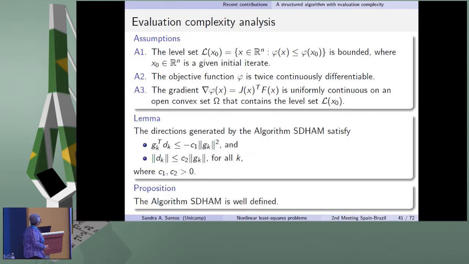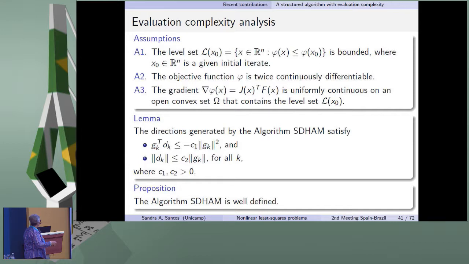So to obtain the evaluation complexity analysis result, these are the assumptions. They are quite standard. Boundedness of the level set of the problem, twice continuous differentiability of the nonlinear least squares function, and uniform continuity of the gradient.